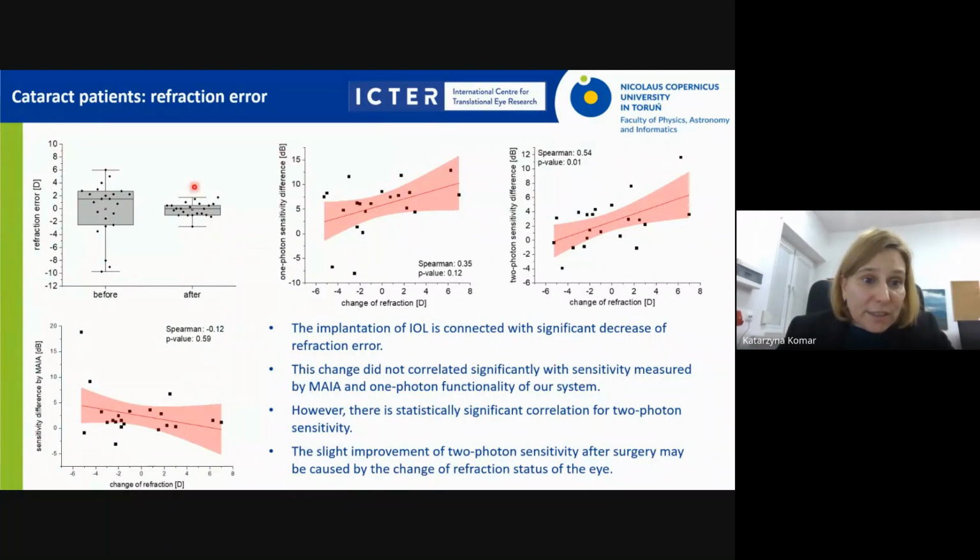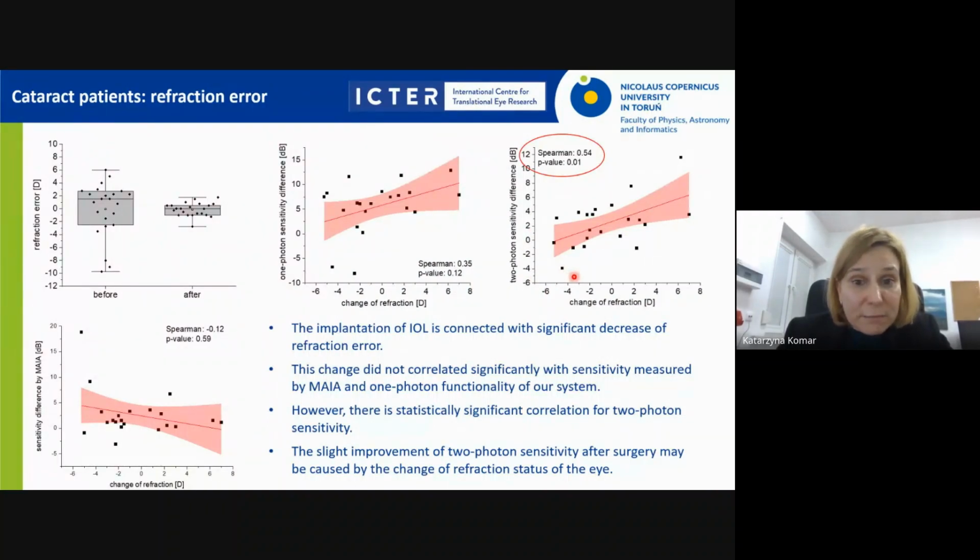And when we checked if this change of refraction error correlates with the sensitivity difference, we found that for Maia it does not, but for our system it does, and it does significantly for infrared. So it probably means that the correction of refraction by our system was subjective, and probably the patients were not fully corrected, and it affects the results for infrared.